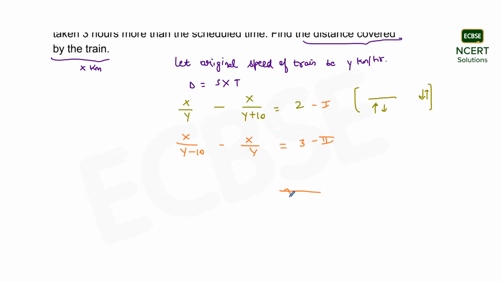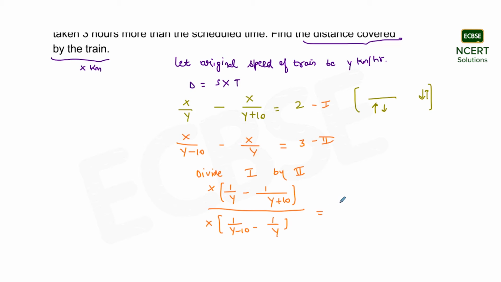Now, in order to find the values of the variables x and y, let us divide the first equation by the second one. Dividing it, x will be common and taken out. In the numerator, in the bracket, it will be 1 by y minus 1 by y plus 10, and in the denominator it will be x into 1 by y minus 10 minus 1 by y, which will be equal to 2 by 3.